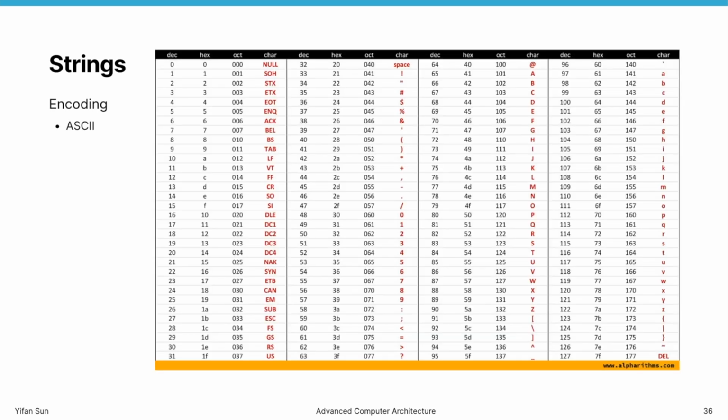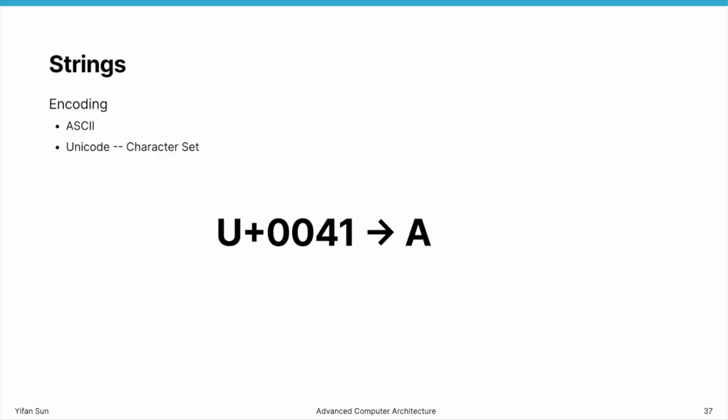ASCII can only use 128 numbers, so it's only 7 bits. But basically, these are only English letters. If you represent something like an Italian or Spanish word, there are some special symbols you just have no way to represent, or other character sets like Chinese, Korean or Japanese, then ASCII is not sufficient.